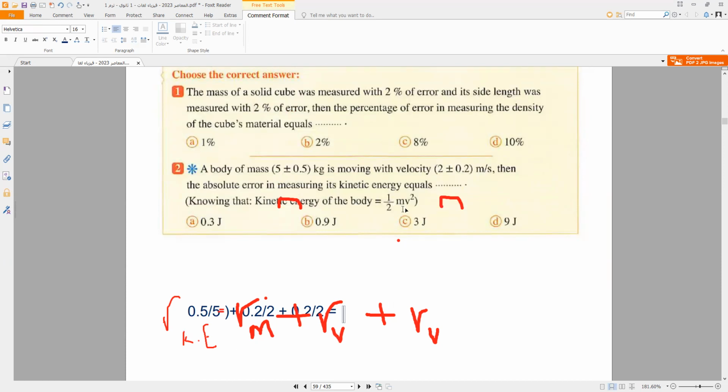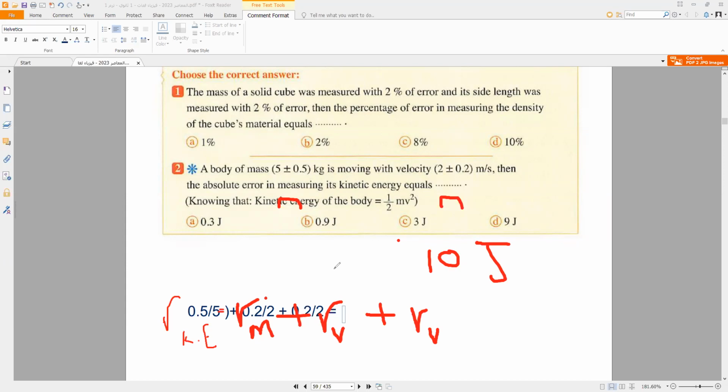The absolute error of kinetic energy equals what? Absolute error of kinetic energy equals half times 5 times v power 2 times 4. Okay, so it equals 10 joule.